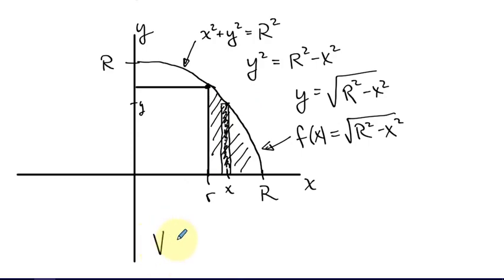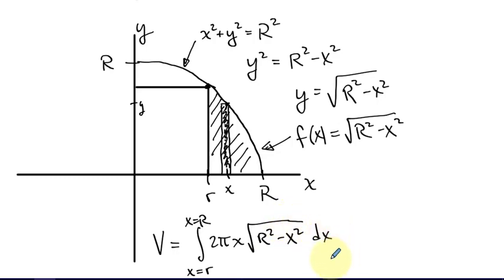So what is the volume of that region? By the shell method, it's an integral from x equals little r to x equals big R. That's the interval I'm integrating on. 2 pi, because we're going to rotate all the way around the y-axis. 2 pi x, because x is actually the radius of the shell. f of x, in this case, is the square root of big R squared minus x squared, and I'm integrating with respect to x.